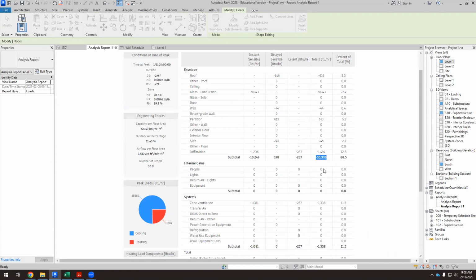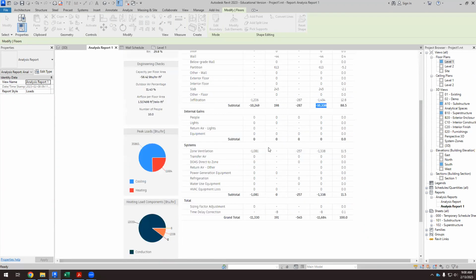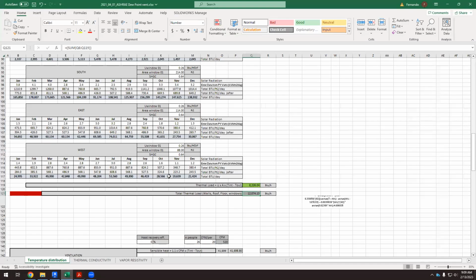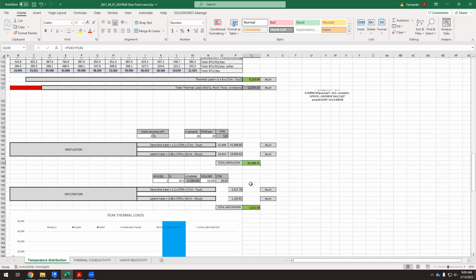Okay, it's not that far. The thing is, through the ventilation, I have 1,300. So considering the occupancy that we have fixed here, my ventilation is 61, so it doesn't make sense.